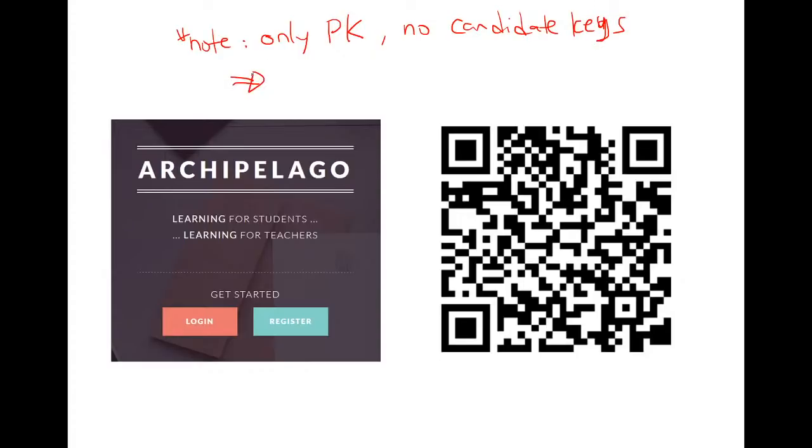If you have multiple candidate keys, then choose one. So try to be careful with that. 2 is wrong because you cannot represent candidate keys.